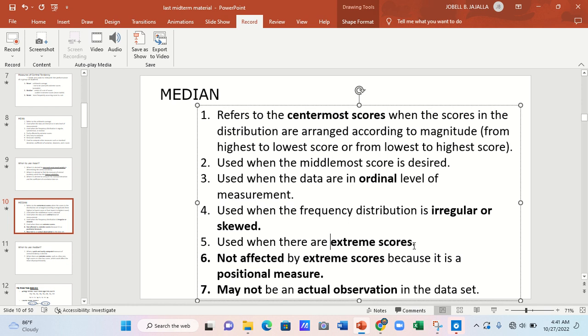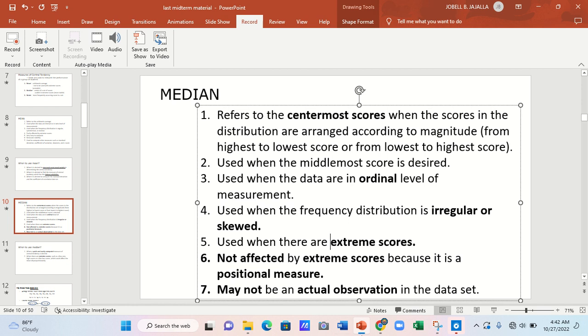So if there are many extreme scores, the tendency is that the mean is unstable in giving a representation of the totality of the data, or the responses of the students within the given population. So some of them now use the median, while here in KCAST, even in UIC or St. Mary's College, the mean is still used. And maybe they will be surprised and realize that the median can be used too.